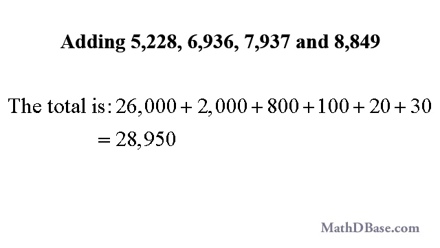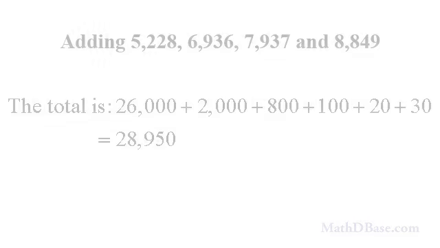The total is 26,000 plus 2,800 plus 120 plus 30, which equals 28,950.